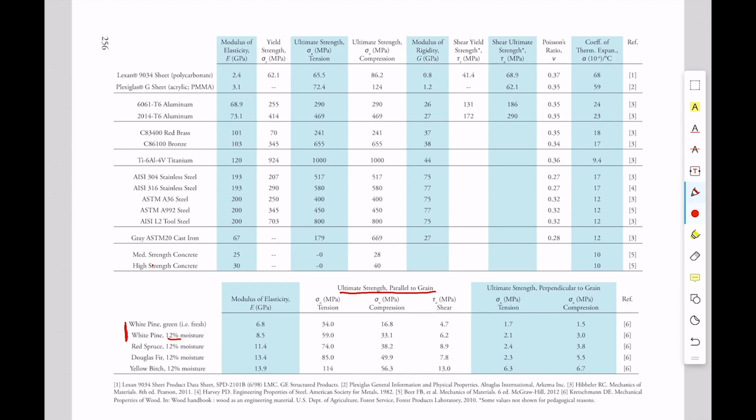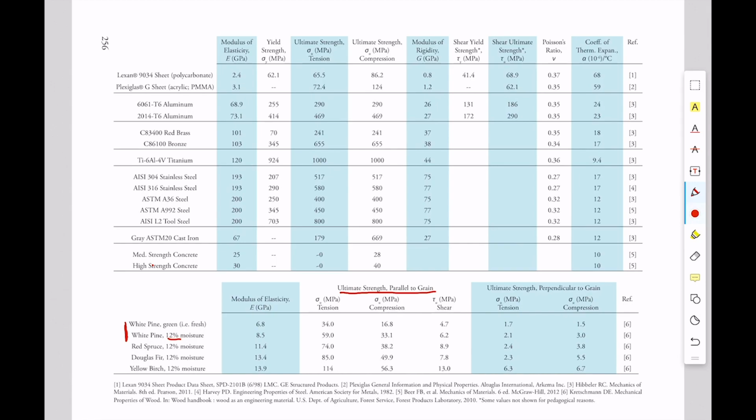And boards are usually cut parallel to the length of trees, and fibers grow longitudinally along the length of trees. So in boards, the grain direction or the fiber direction is parallel to the length of the board. And that means in most cases that our normal stresses are parallel to the grain. So these are the values that we end up wanting.